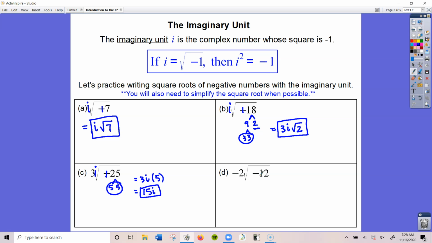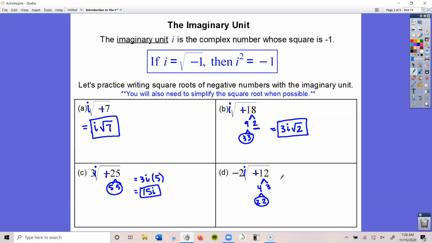For this one here, we're going to again make this positive and bring out i, and think of two numbers that multiply to give me 12. Two numbers that multiply to give you 12 are 4 and 3. And then 4 can be broken down to 2 and 2. So these are my pairs, and this 2 can go outside with the -2i.